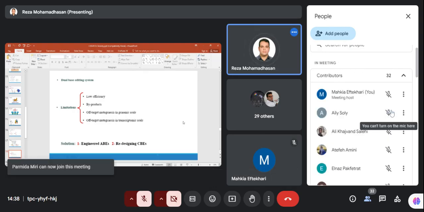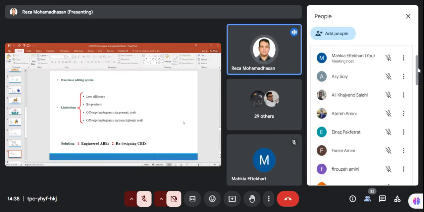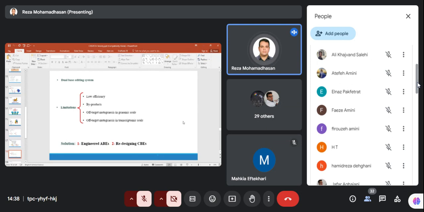And the solution could be using engineered ABEs or RNA-based editing, and also redesigning CBEs.